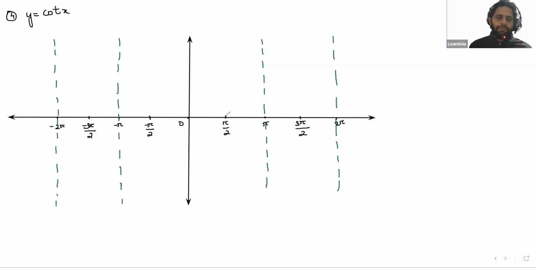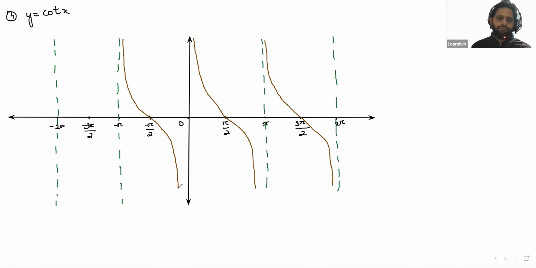That means for this point, the value will be 0. And for 0, it is not defined. So the graph will be like this, like this one, like this.